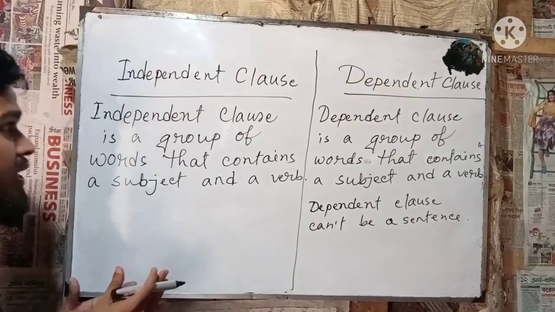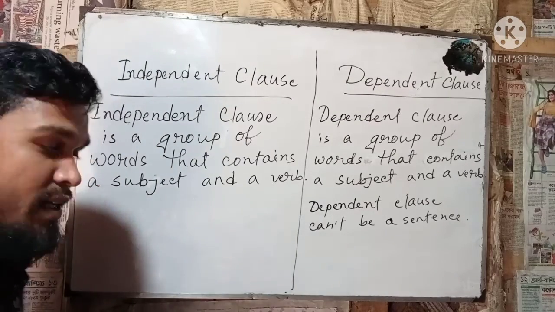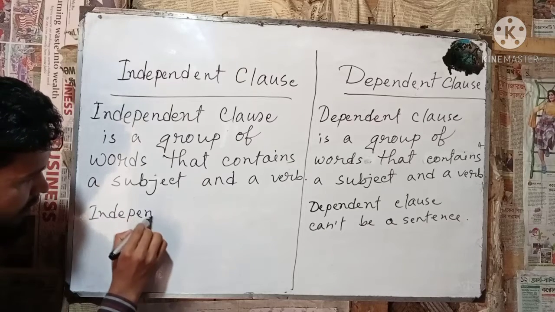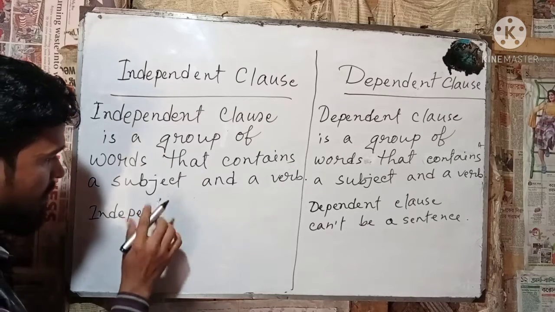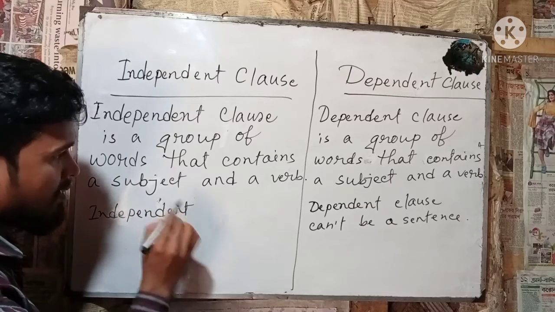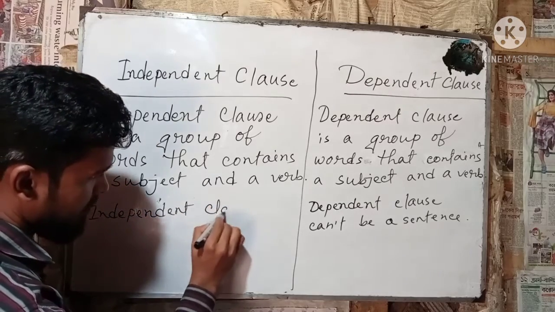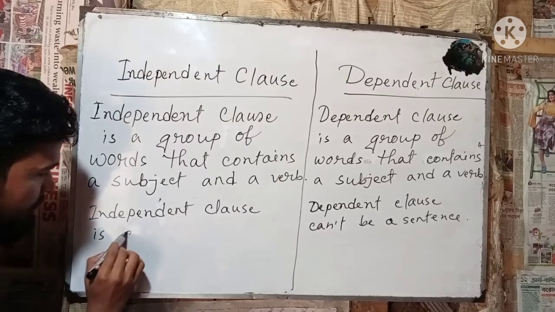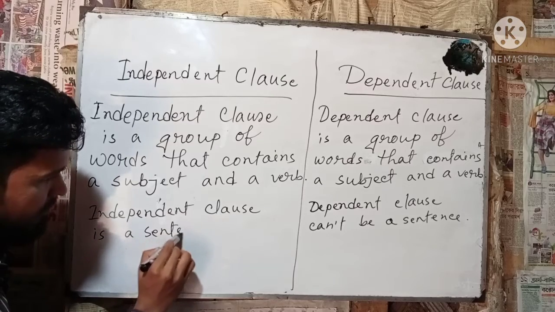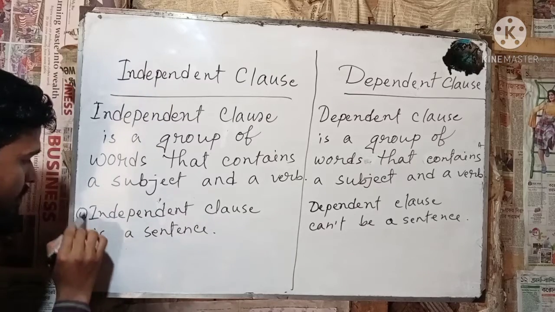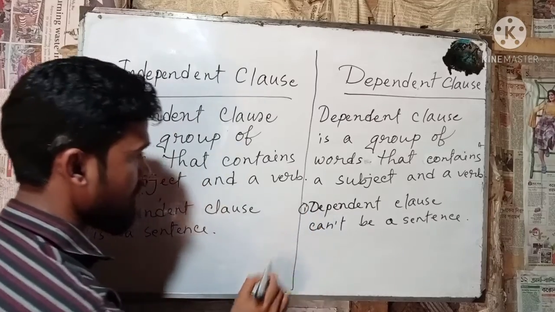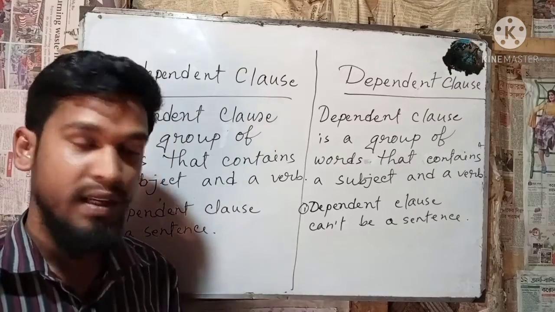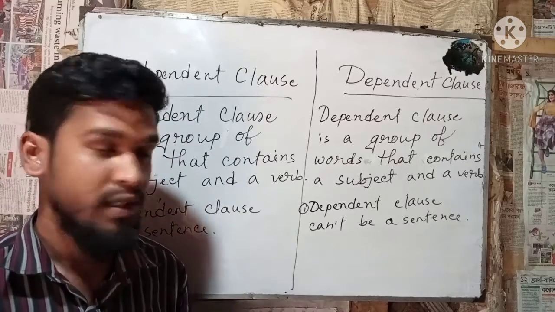But on the other hand, an independent clause can be a sentence. But why? An independent clause is a sentence, but a dependent clause is not a sentence.